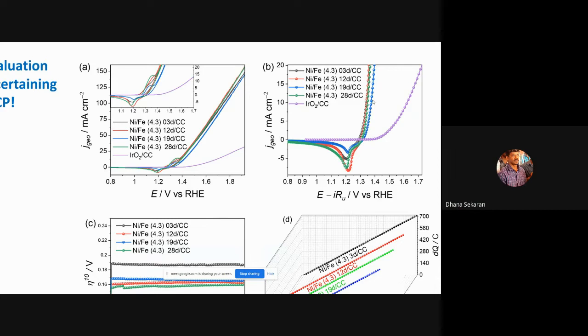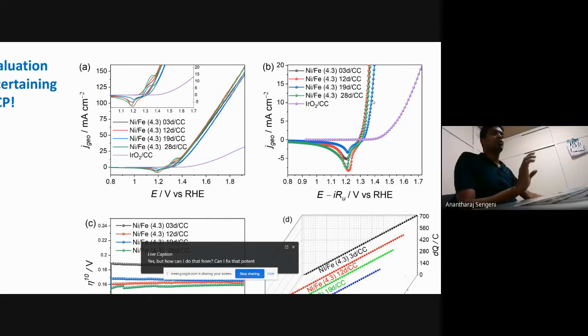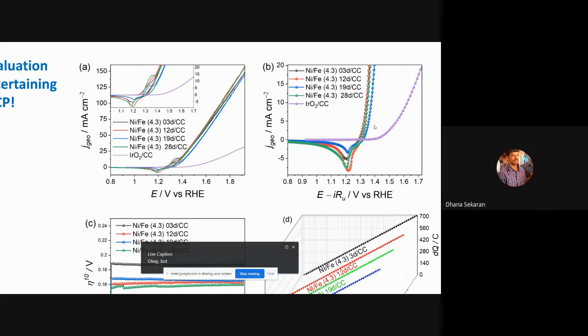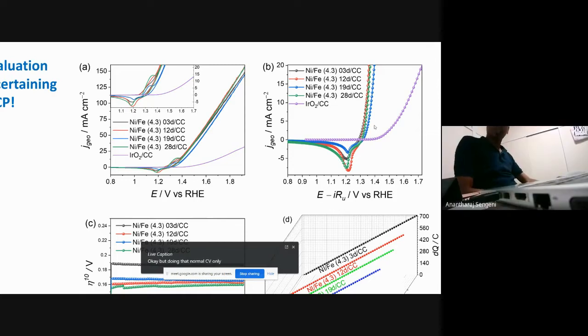Yes, but how can I do that? You don't have to acquire the backward sweep separately. You can just record a CV normally, delete the forward scan, and only show the backward scan. That is sufficient.